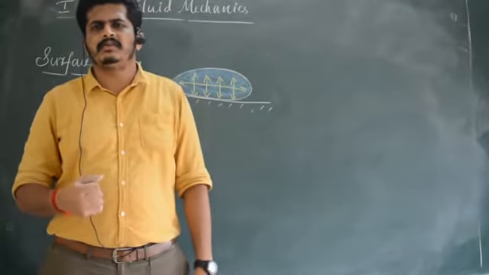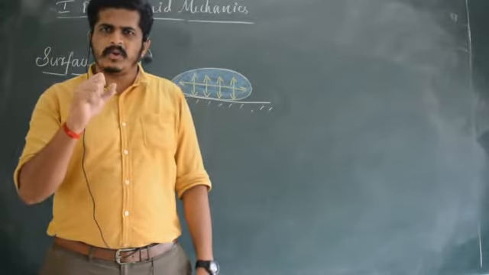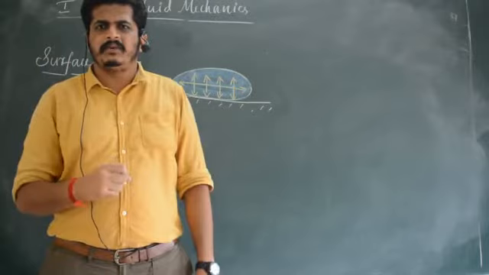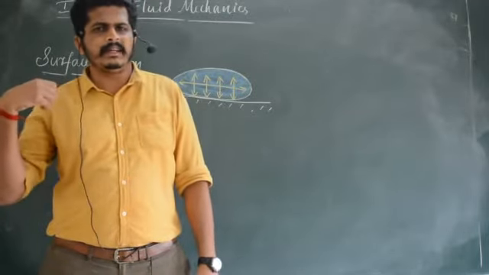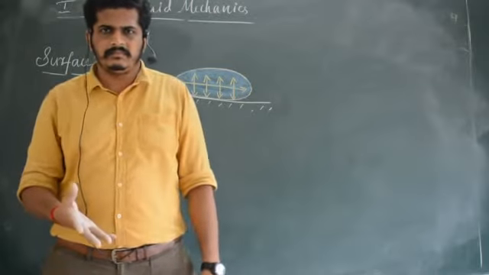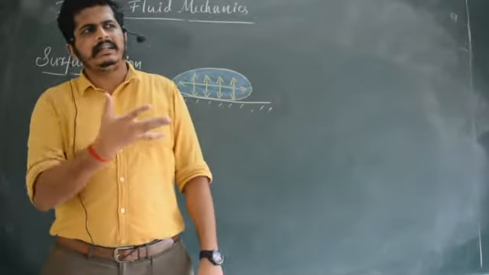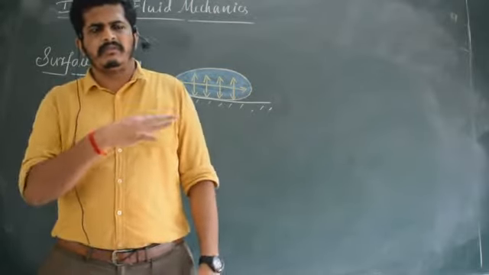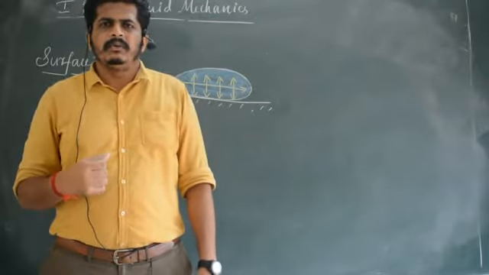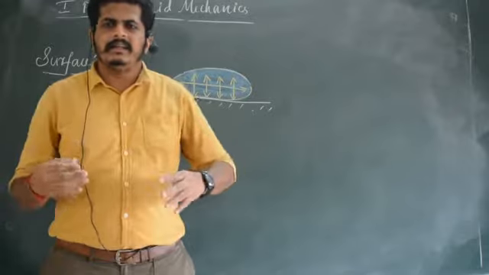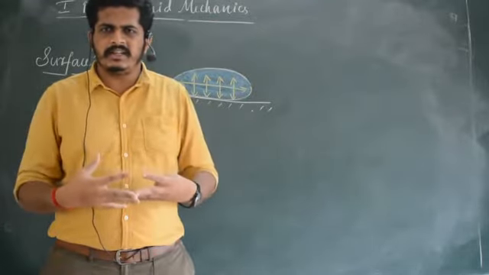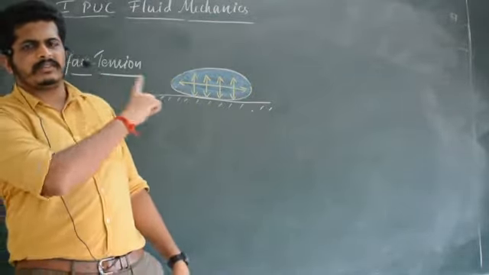The answer is no. They use the concept of surface tension. What they do is, molten metal will be sprinkled on the surface of a liquid. When they sprinkle the molten metal, they try to reduce their surface area because of surface tension.